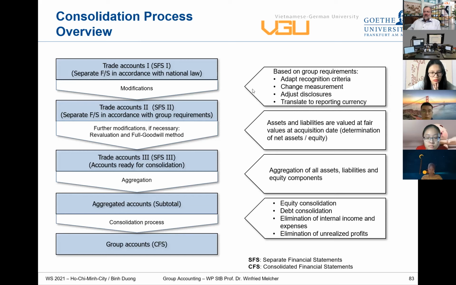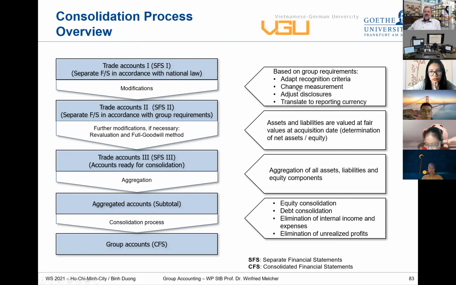When under the group accounting policies, intangibles will always be shown, then if in the local financial statements you don't show any intangibles, you have to put them in. And that would be one of the modifications.